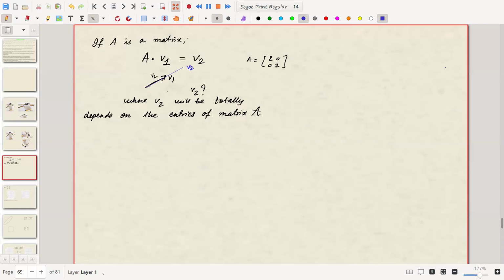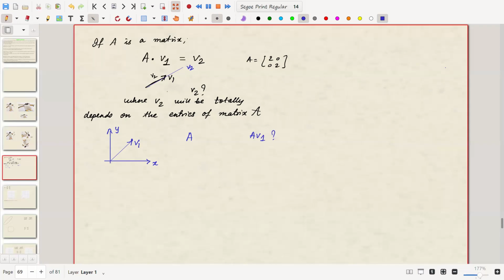We will learn what happens to shapes, what happens to different points. Suppose this is the xy coordinate, and this is one vector v1, and you have a matrix A. Now how will AV1 look like?